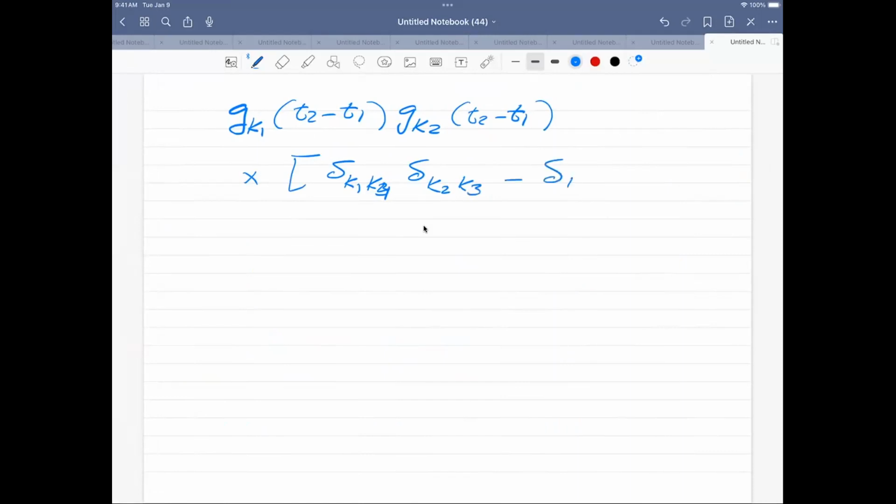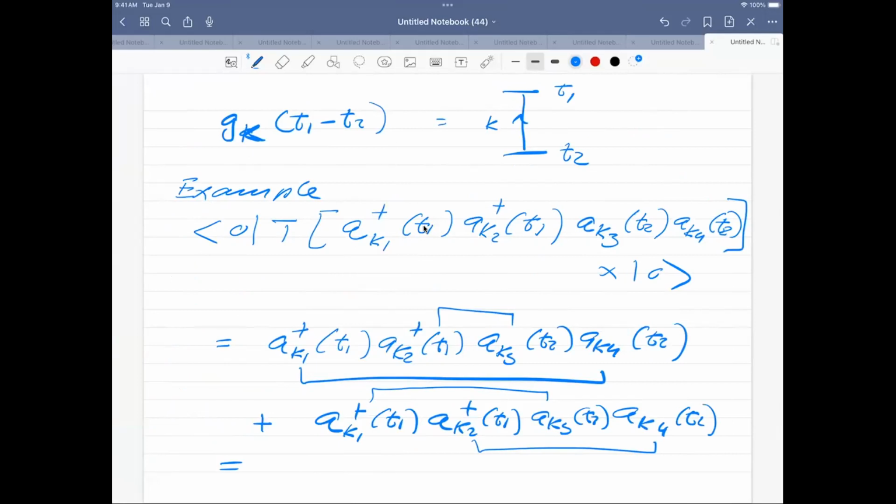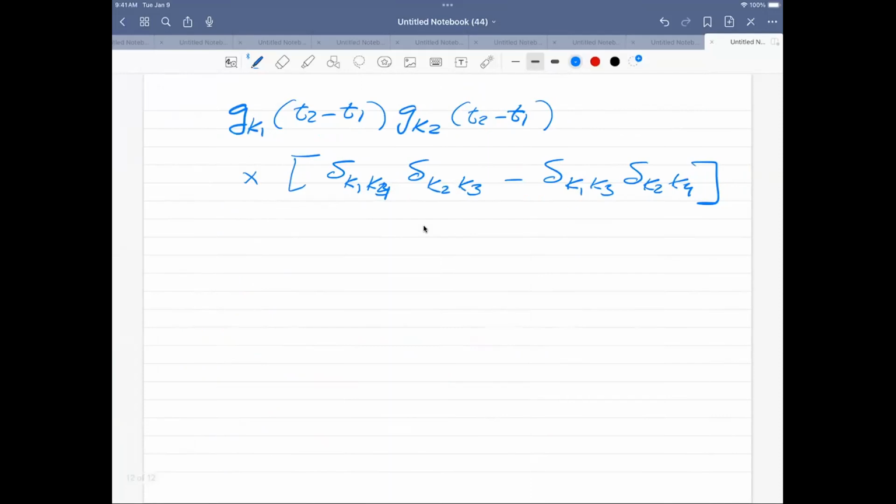And then I have a minus a delta K1, K3 and a delta of K2, K4. So this is just the application of Wick's time order theorem to this specific case, and this G here, the way we defined it, just keep in mind now that T1 is larger than T2. And for this to be the case, T2 has to be larger than T1, because else this wouldn't make sense. Then we can define particle hole operators like we did before.